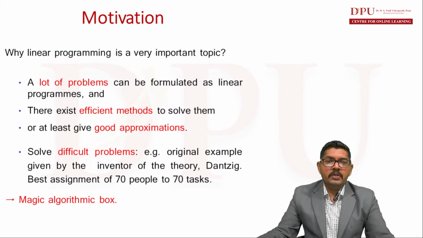The original example was given by the inventor of the theory, Dantzig: best assignment of 70 people to 70 tasks. Suppose we have to assign different people to different tasks. In such a situation, linear programming can be used, and this was used for the first time by Dantzig while assigning 70 people to 70 different tasks.